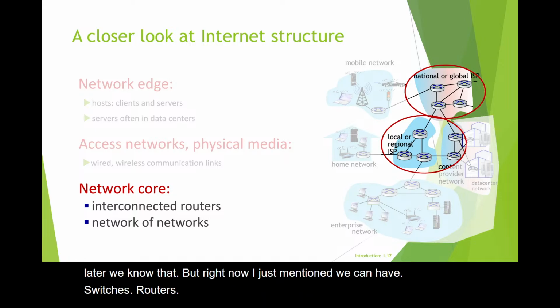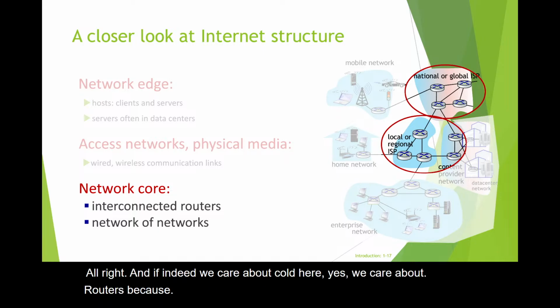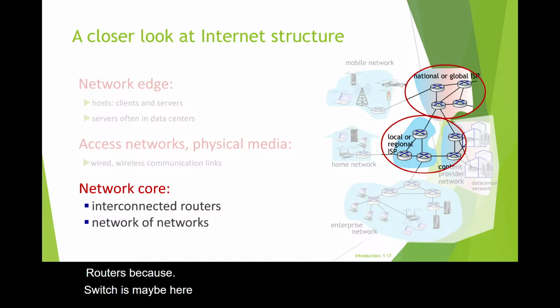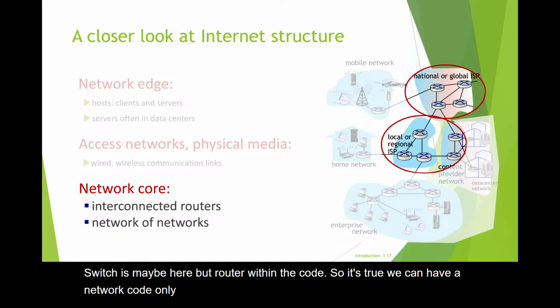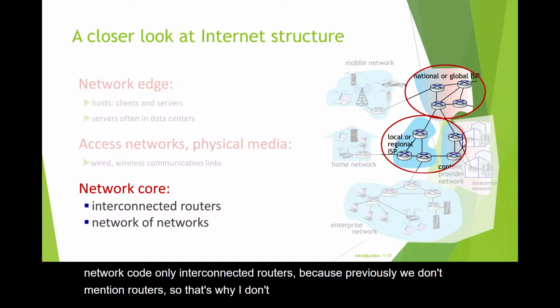If we care about the core, yes, we care about routers, because switches may be at the edge, but routers are within the core. So the network core is only interconnected routers. Previously we didn't mention routers, so there were no similar components.